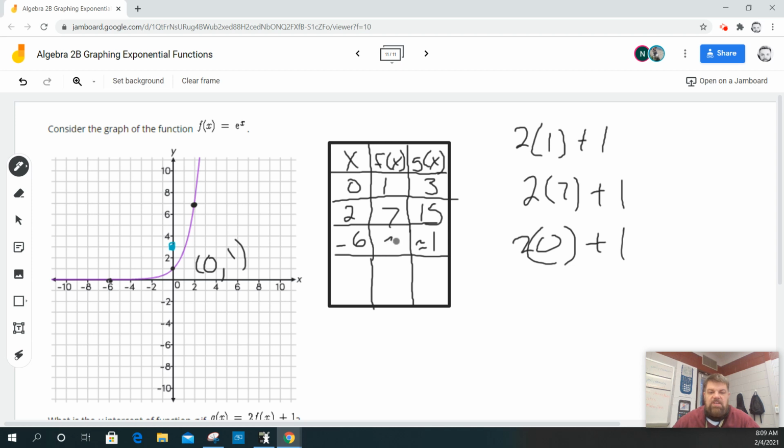Now, it's not really 0, but it's close to 0. All right. So basically, my graph for g of x will look like something like that.